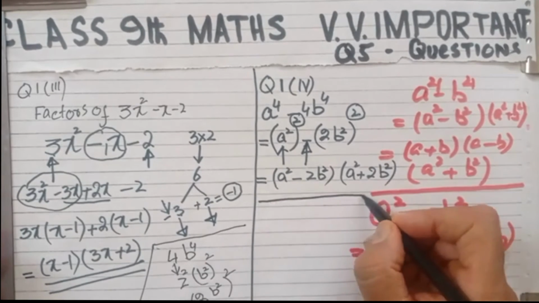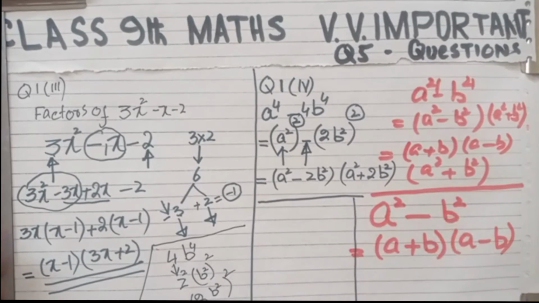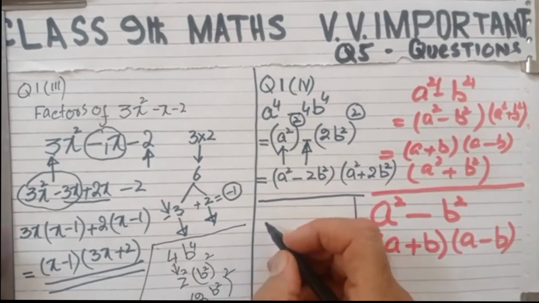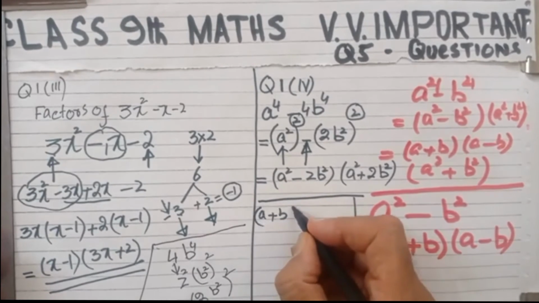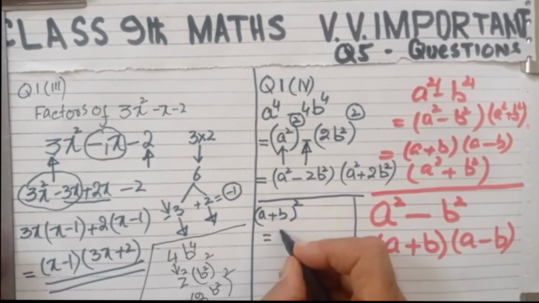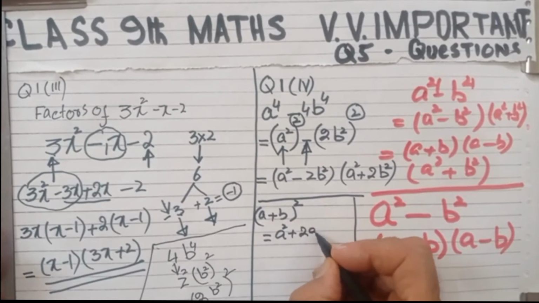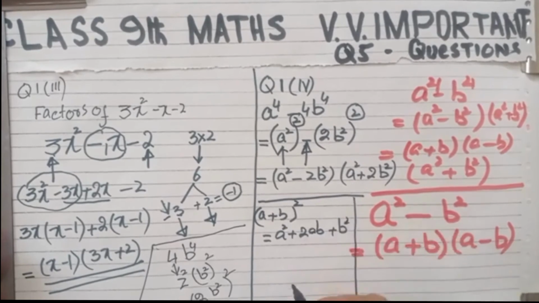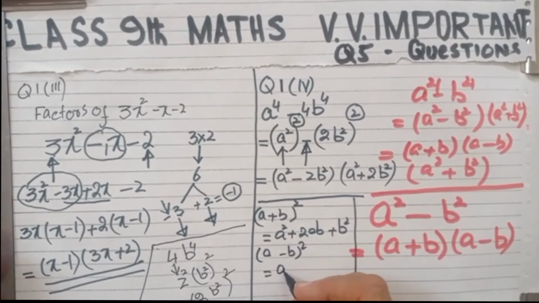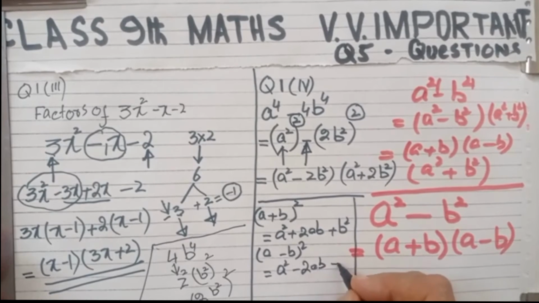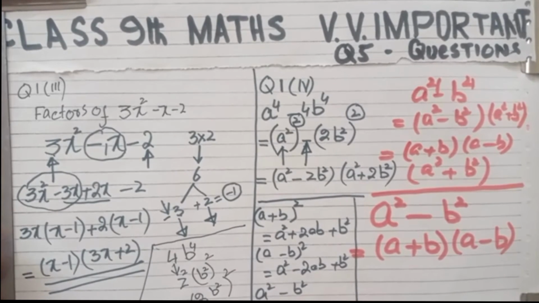Your question is completed, but for the sake of practice I will write some formulas over here: a plus b whole square is equal to a square plus 2ab plus b square, and a minus b whole square is equal to a square minus 2ab plus b square, and a square minus b square is equal to a plus b and a minus b.